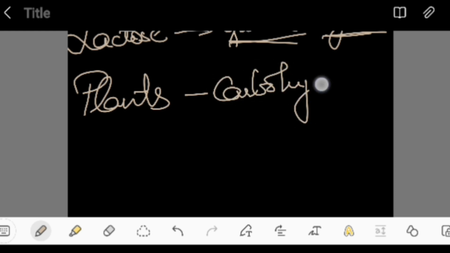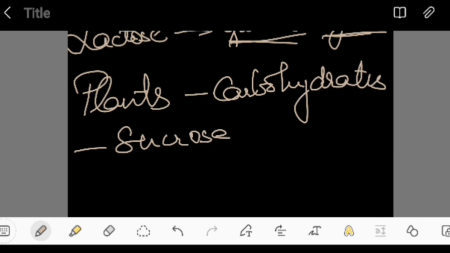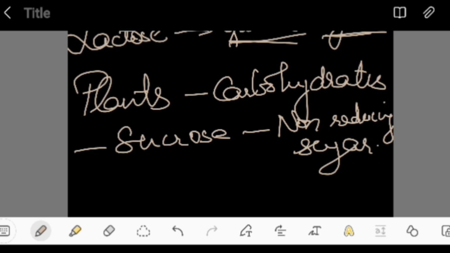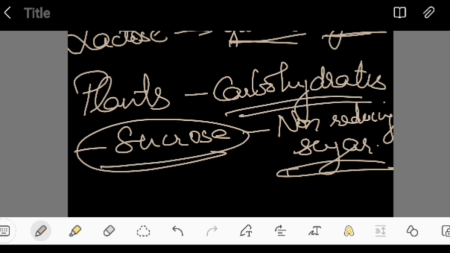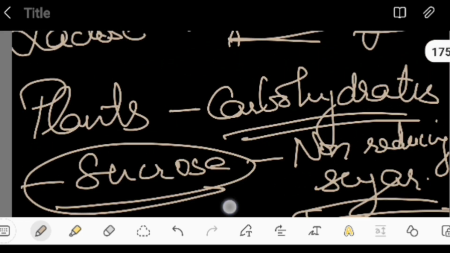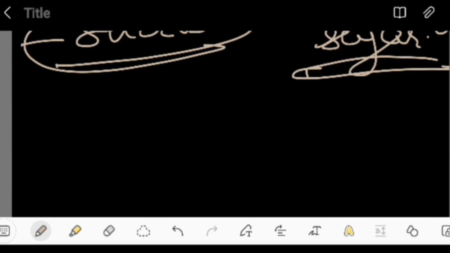Carbohydrates are mainly transferred in the form of sucrose, because it is a non-reducing sugar. Hope you got this also.